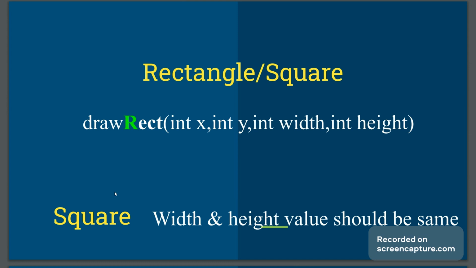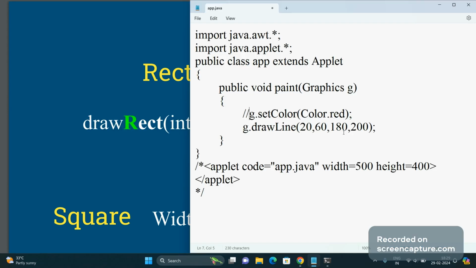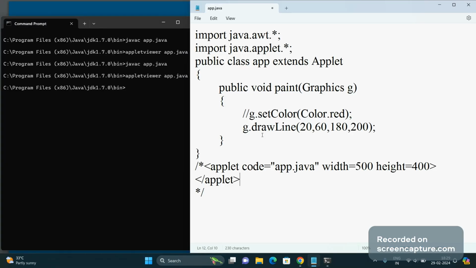For drawing a square we have to give the same value for width and height, so automatically it will become a square. Let's make a change in the code. So drawRect, suppose I am starting at 20 and 60 as the starting coordinates, and the width is 180 and suppose the height is 90.